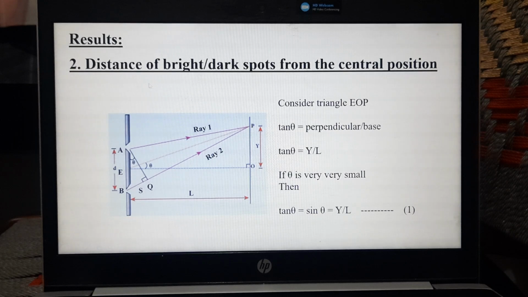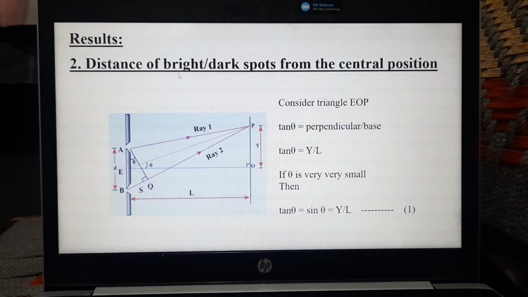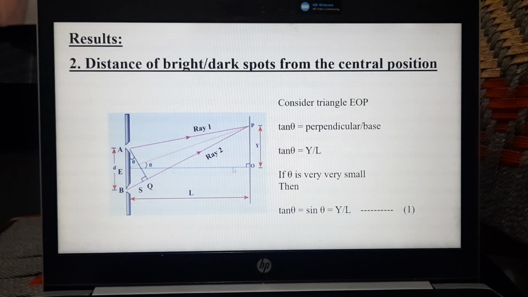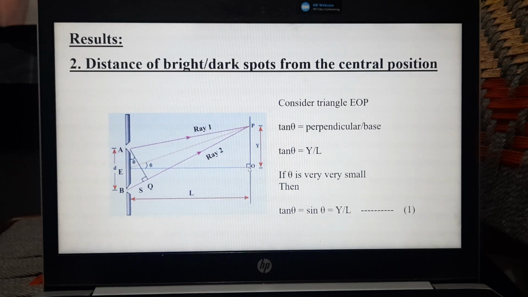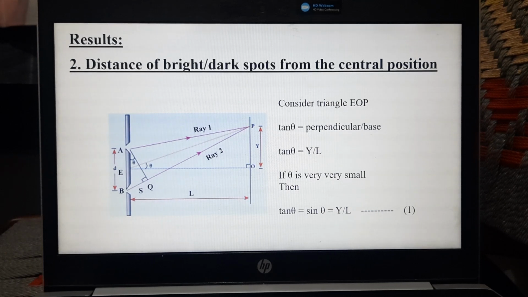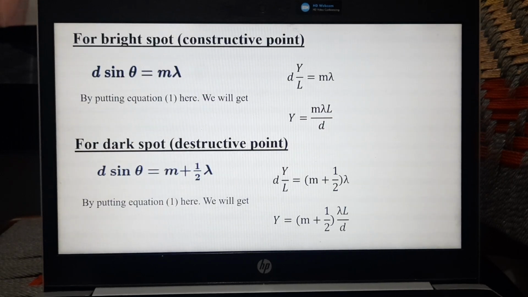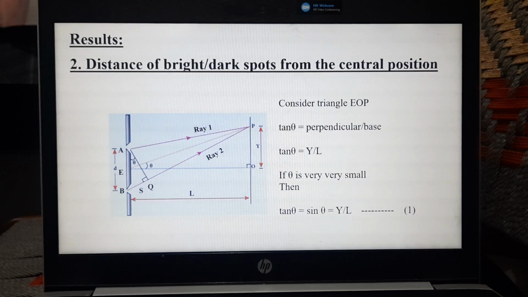Now the second result is that we have to calculate the distance of the spots. By spots I mean the distance of the dark spot and the bright spot from the central position. Look here at the diagram. This is the central position O at the screen. The point P, which I considered initially as a bright spot, I can consider as dark as well.